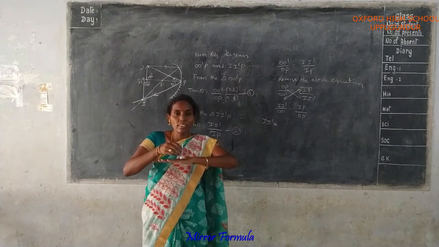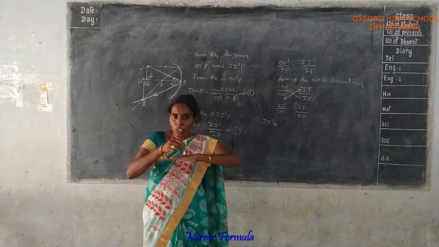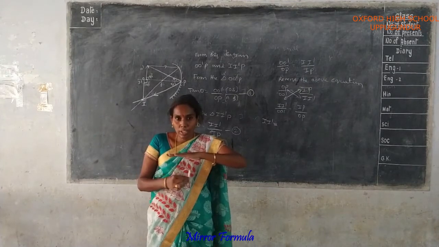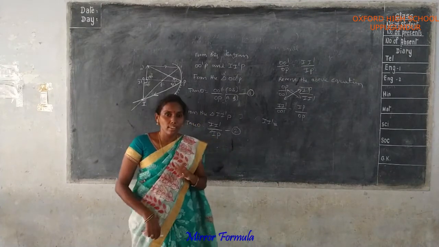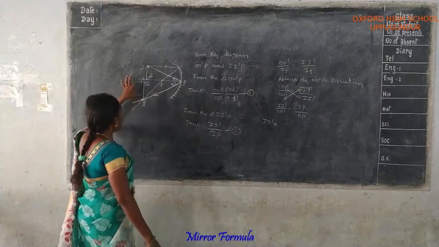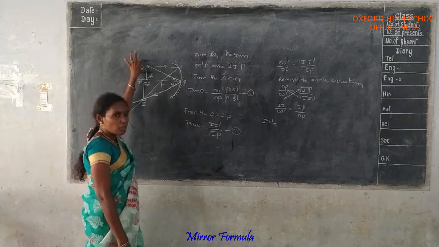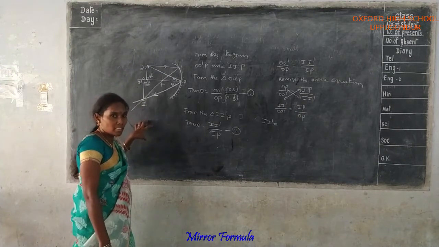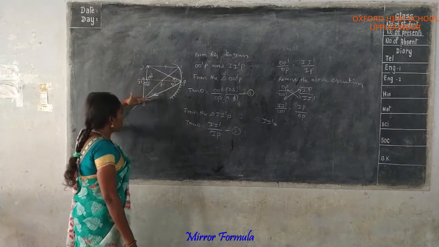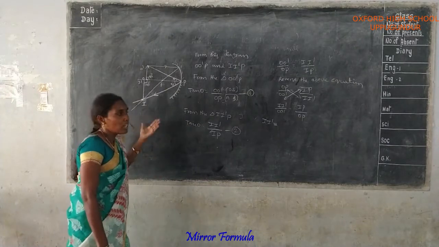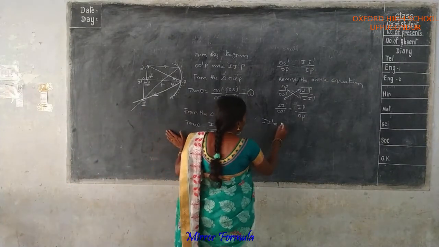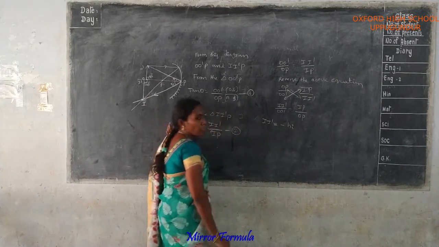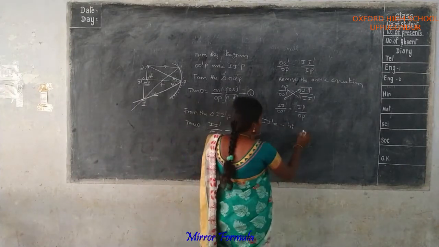Above the principal axis, height of the image and height of the object should be taken as positive. Below the principal axis, height of the image and height of the object should be taken as negative. Here, the object is placed above the principal axis, but the image is formed below it. That's why the height of the image should be taken as negative.